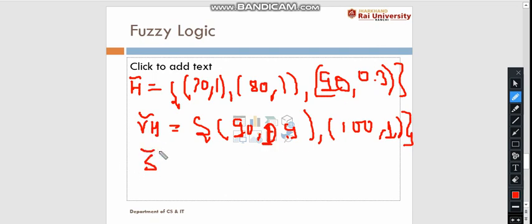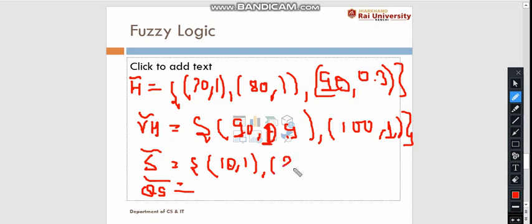Now let's see for the slow and quite slow. I have already given you the elements for the temperature and the rotation. Here for slow, for 10 it is 1, for 20 it is 0.8.